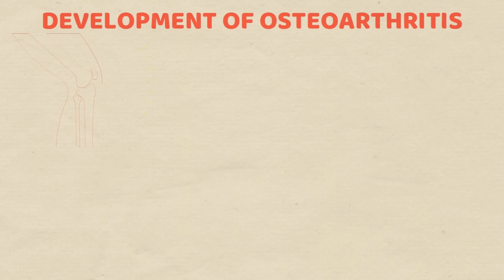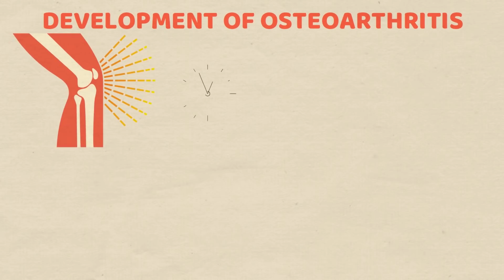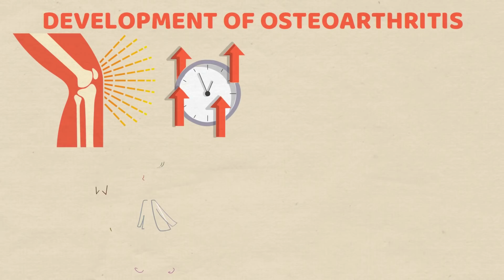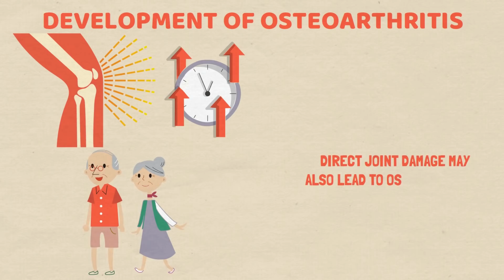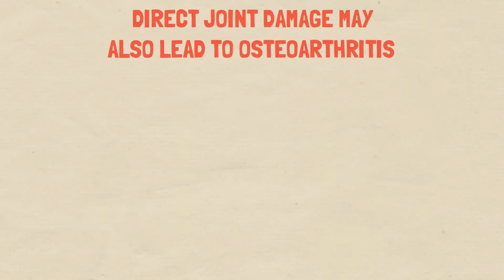Well, the most common cause of osteoarthritis is long-term joint damage, and this is the reason why osteoarthritis most commonly occurs in older population. With age, our joints get damaged due to various reasons. This damage can accumulate over time. The older you are, the more wear and tear you have had on your joints. Direct joint damage may also lead to osteoarthritis.